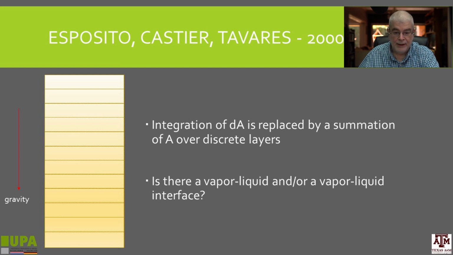And then there is the question, is there a vapor-liquid or a liquid-liquid interface? Oops, it was vapor-liquid and liquid-liquid. Mistake here. So that's what we wanted to find out.